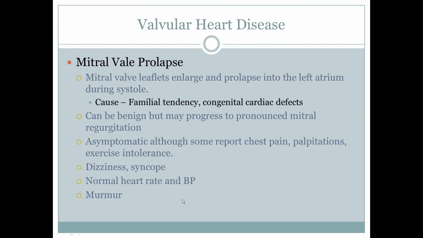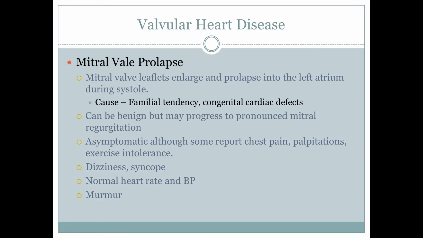Then we can talk about mitral valve prolapse, and I have that misspelled up there. This is when the leaflets of the mitral valve get really floppy. This can be very familial. It can happen regularly in young women, and they don't even know they have it. Also from cardiac defects.